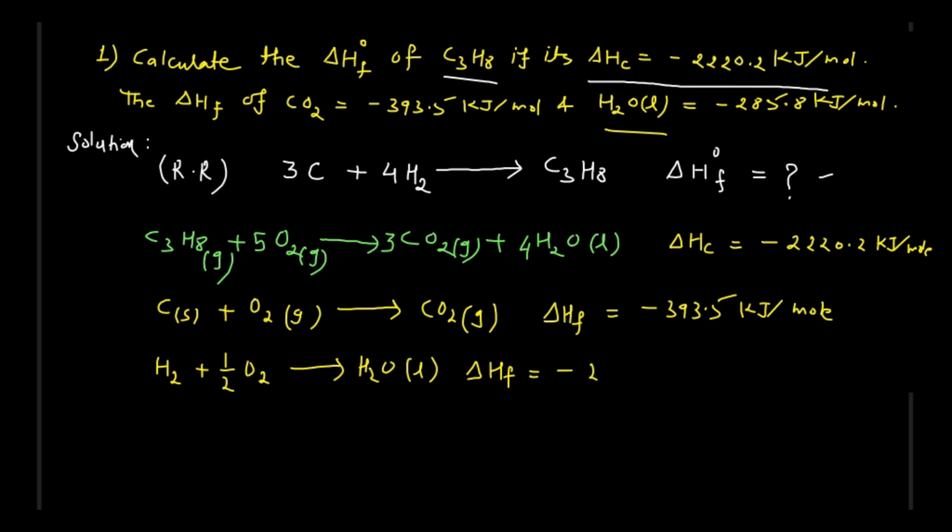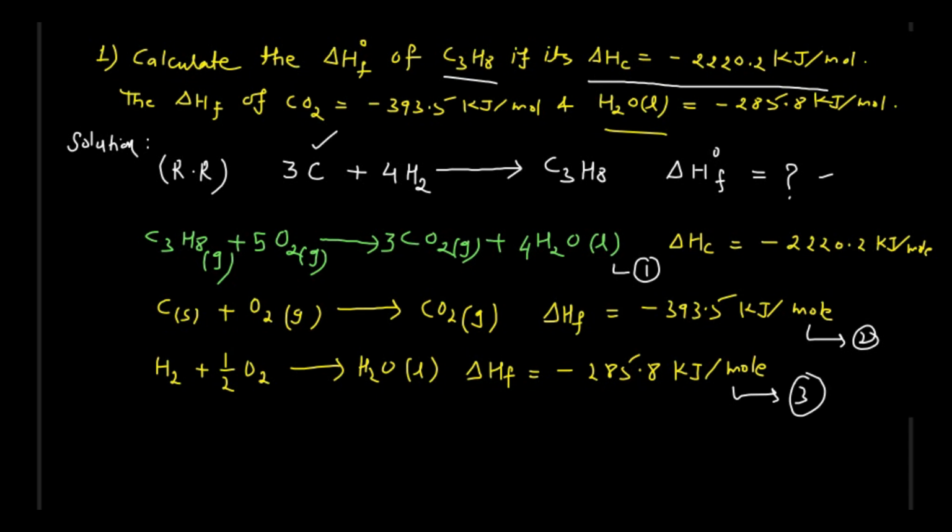This is negative 285.8 kilojoule per mole. These data you have been given. I am writing this equation as 1, this as 2, and this as 3, and this is your required reaction.